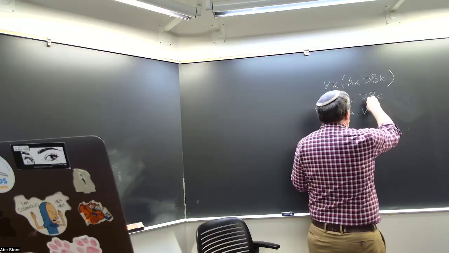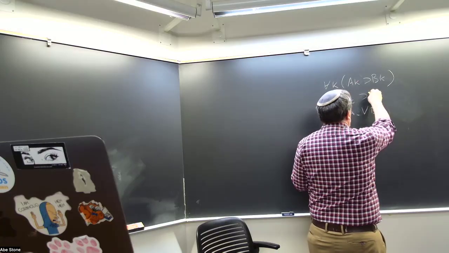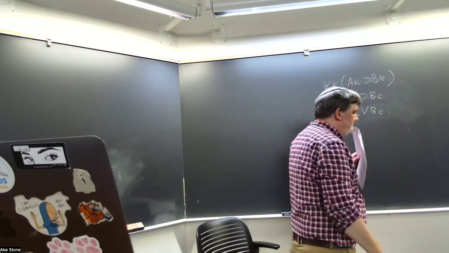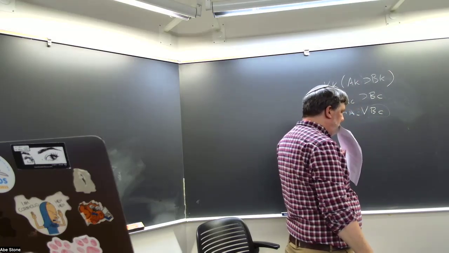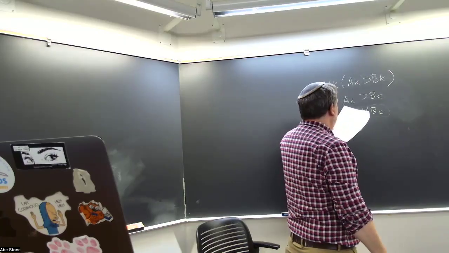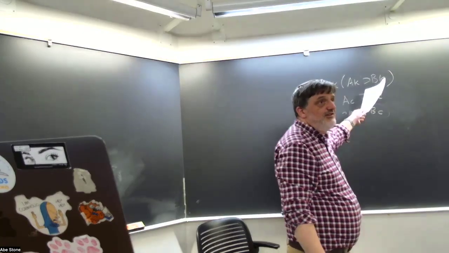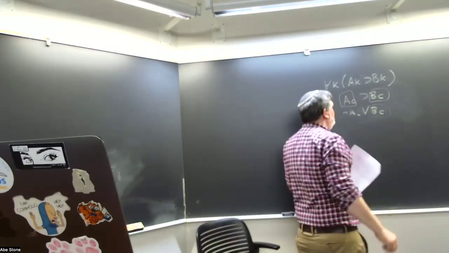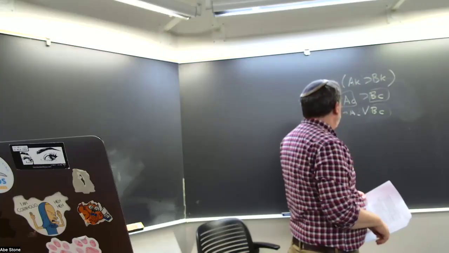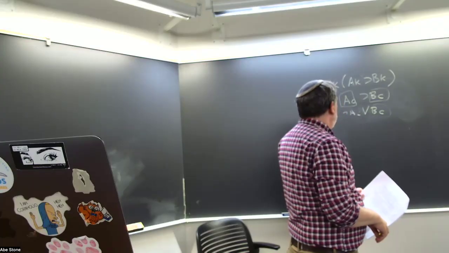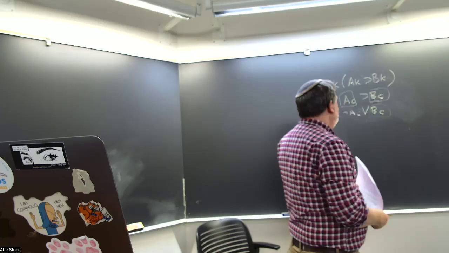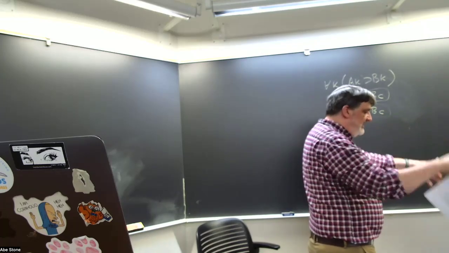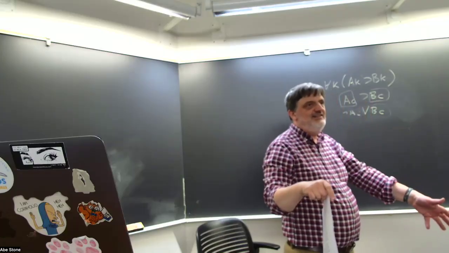In this example, for it to be relevant to the question of whether this theory is empirical, these have to be basic statements. Basic statements have this form that they just apply a predicate to a certain place.